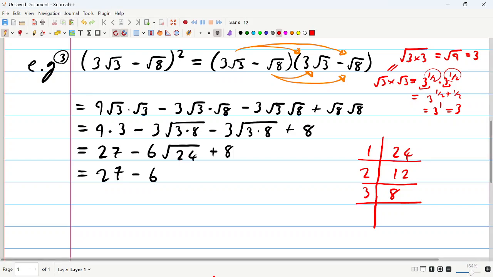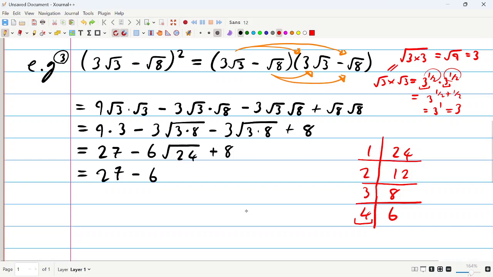So let's keep going. If we take 4, then what we are going to get is 6. Okay. So what do you notice here? Where is our perfect square? Our perfect square is actually 4, because 4 can be written as 2 squared, and we just need to multiply it by 6.